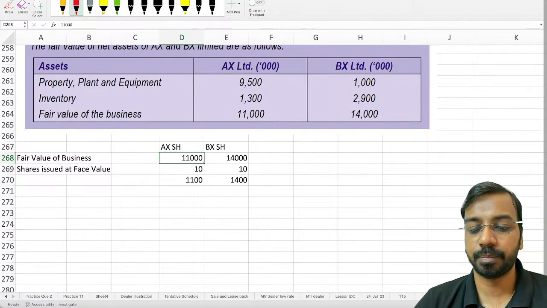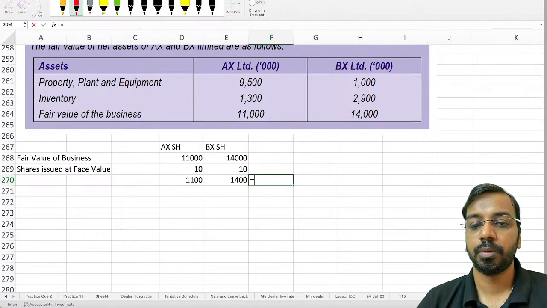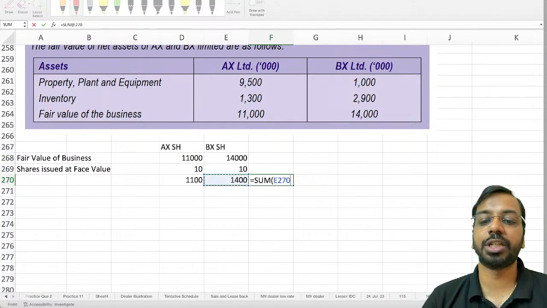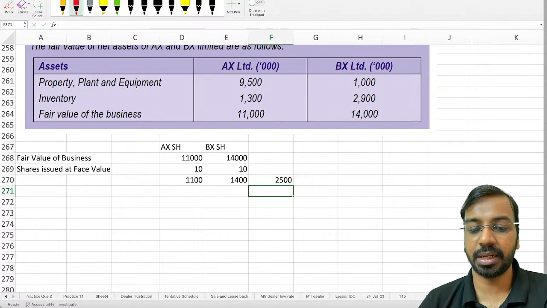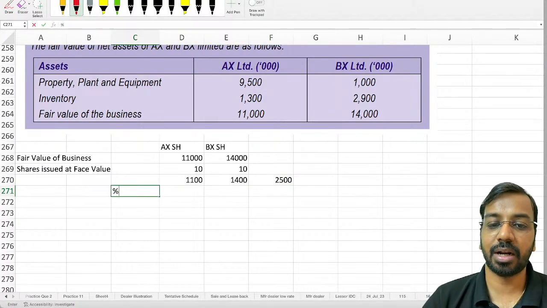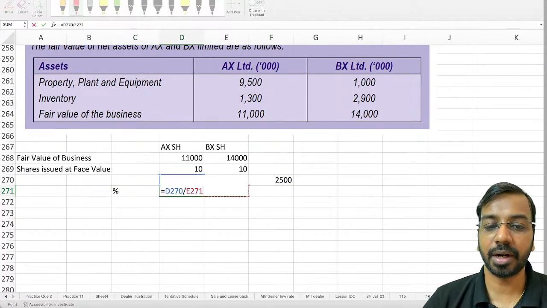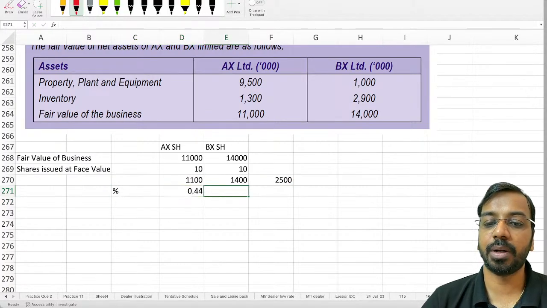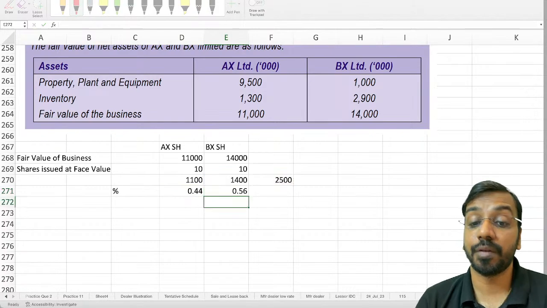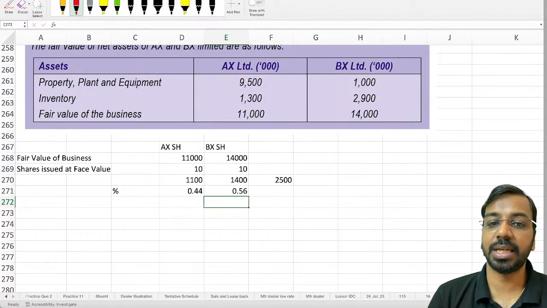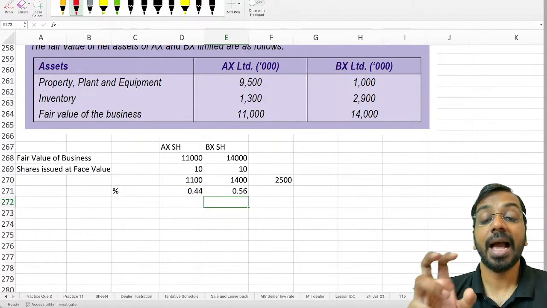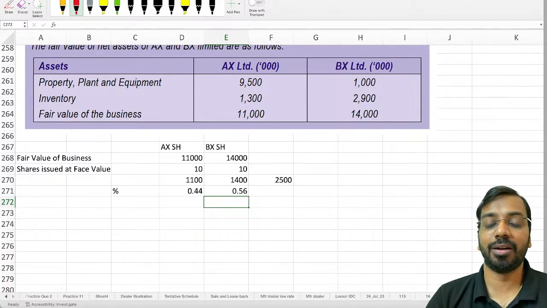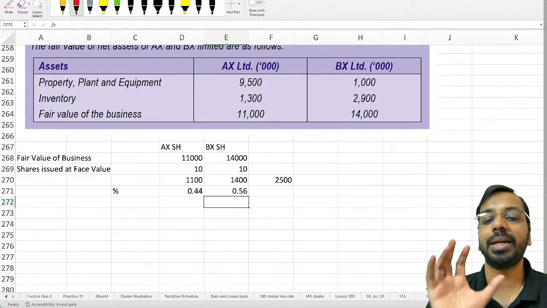So what is the total? Total shares are 2,500. What is the percentage held? 1,100 divided by 2,500 comes to 44%, and 1,400 divided by 2,500 comes to 56%. That is where the question says BX is the larger entity and BX will control the combined entity.